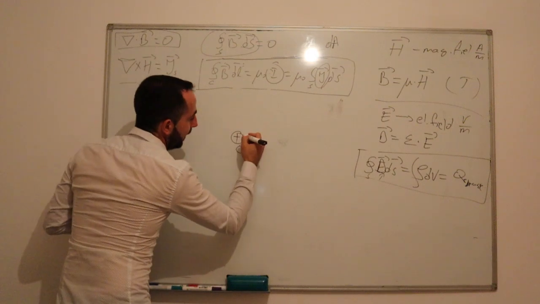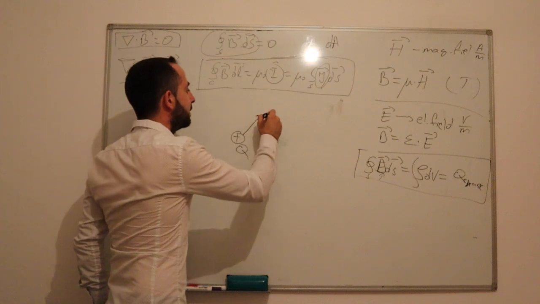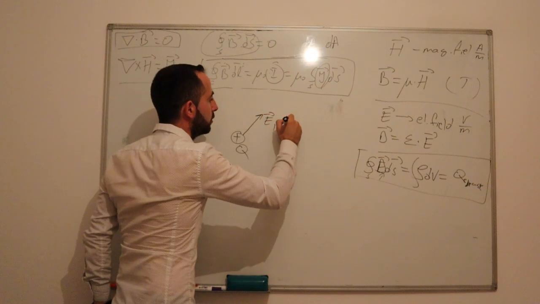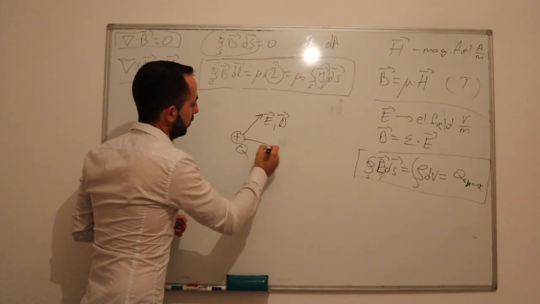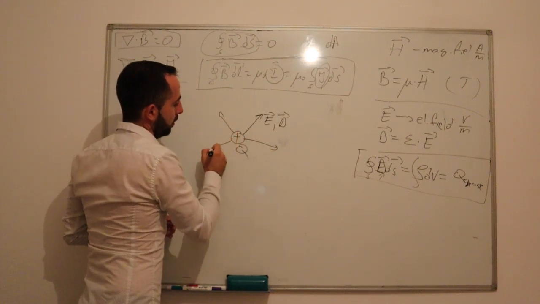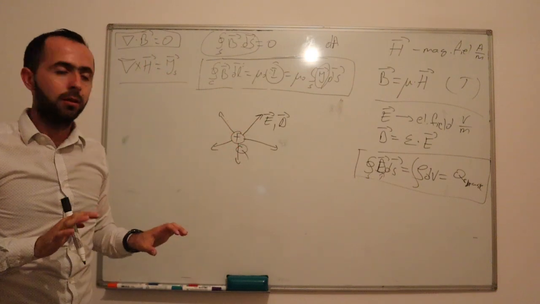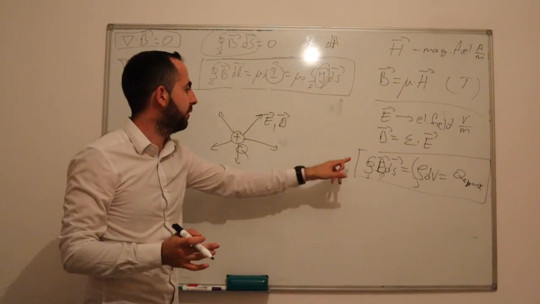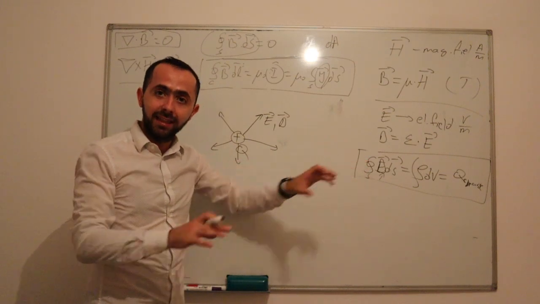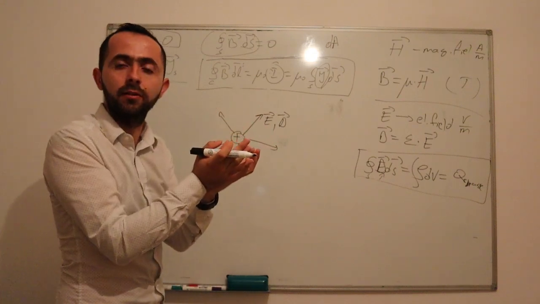It starts here and ends somewhere, and this is an electrical field or electric flux density, it is the same. And we know this, we learned this. So it has a source, it comes from a closed surface. It says this field has a source from a closed surface.